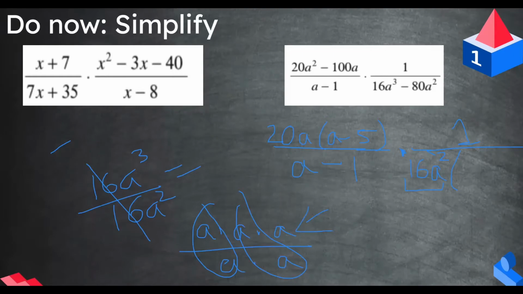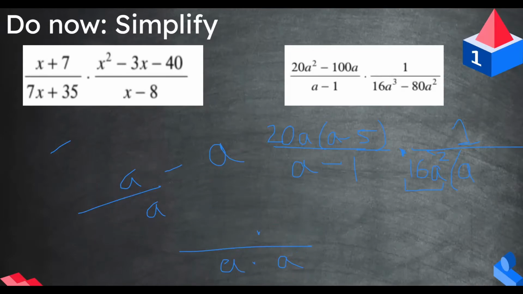The 2 a's from the bottom cancel out with 2 a's from the top, so you'll be just left with a, which is what I'm going to write in here, okay? Once I do that, I'm now going to go for the second term that we have in here. The second term is negative 80.